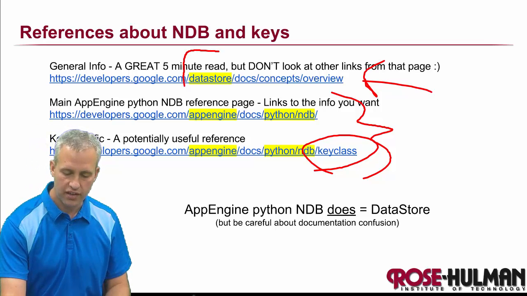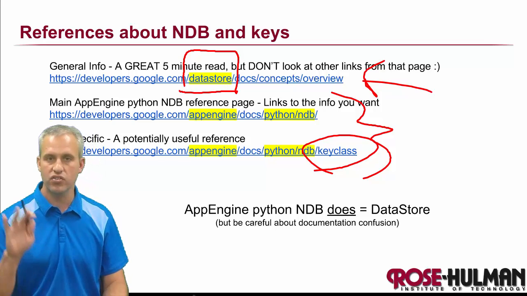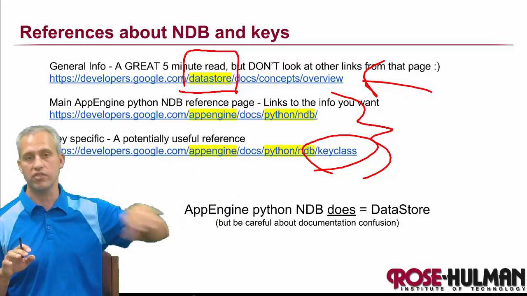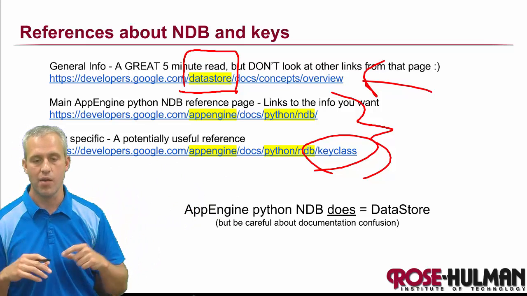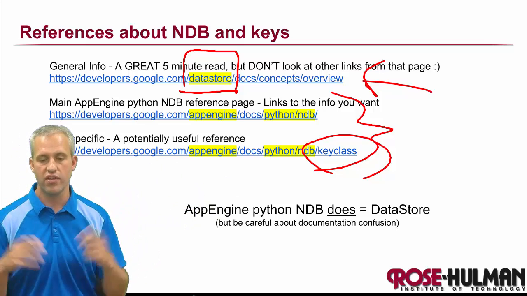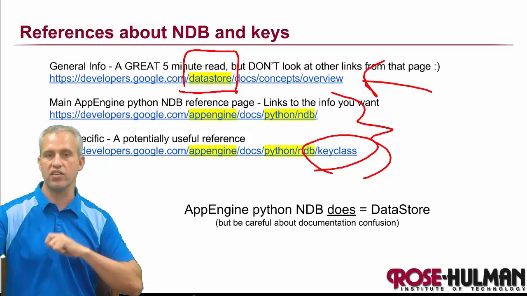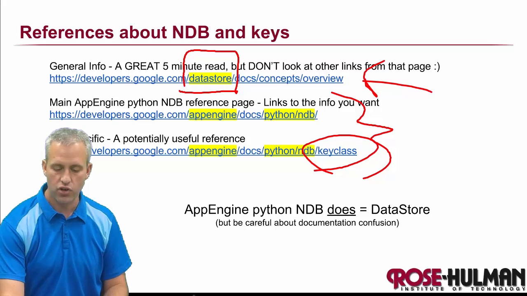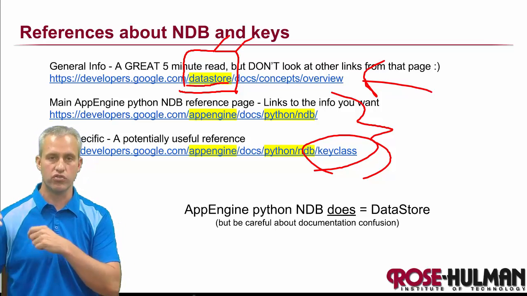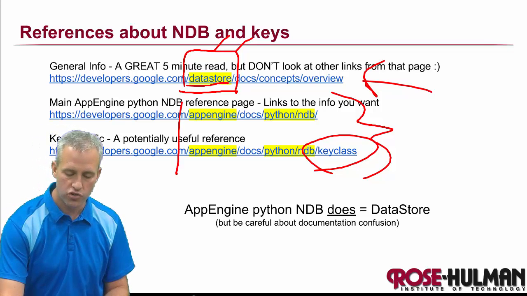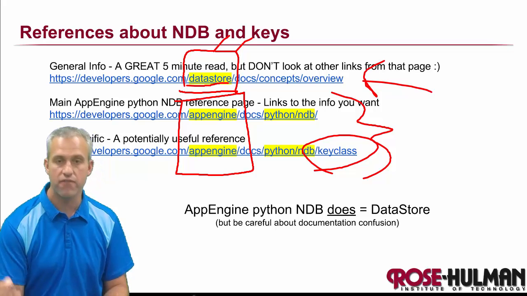But I wanted to warn you about something. This first link is about the Datastore only. Turns out you can use the Datastore without even using App Engine, right? So you could have a Node.js server that chooses to save its data with the Datastore, and there are client APIs for doing those transactions. And if you go to this link, if it says Datastore in it, it's going to be showing you those client APIs. That's not how we're using it in this class. We are very much using the Datastore via App Engine.